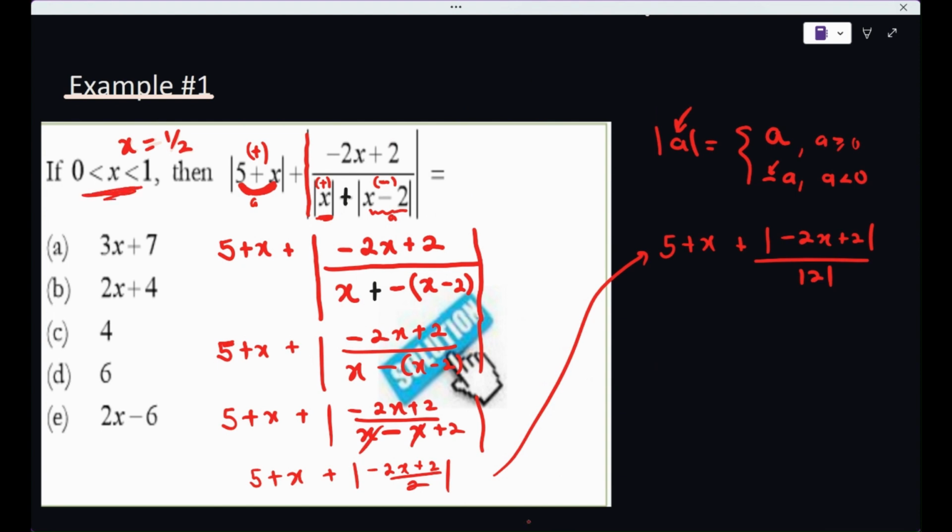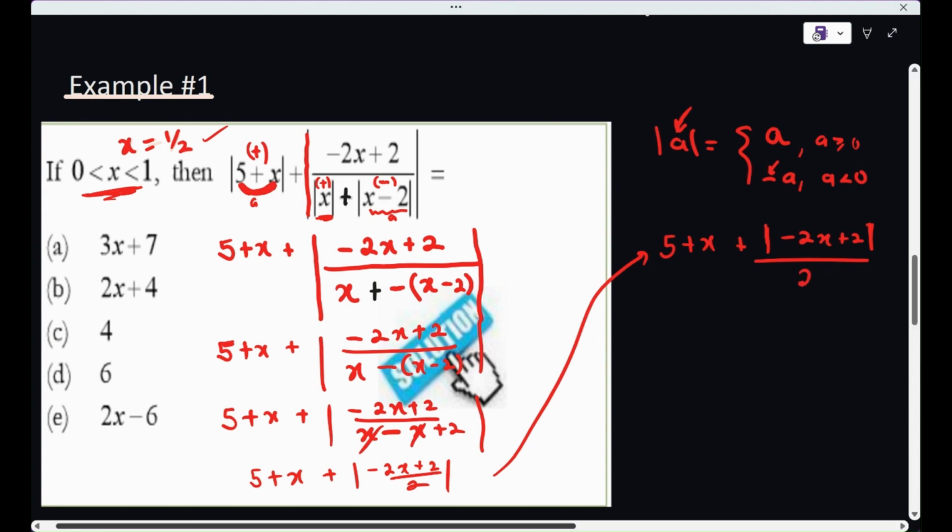We are still saying that x is between 0 and 1. So we took x to be half, and we're still going to use that half because here we still have another absolute value. Here is not a problem because the absolute value of 2 is 2, so we can remove this one. So if you substitute x equals half here, what do you get? We'll get 2 times half plus 2, right?